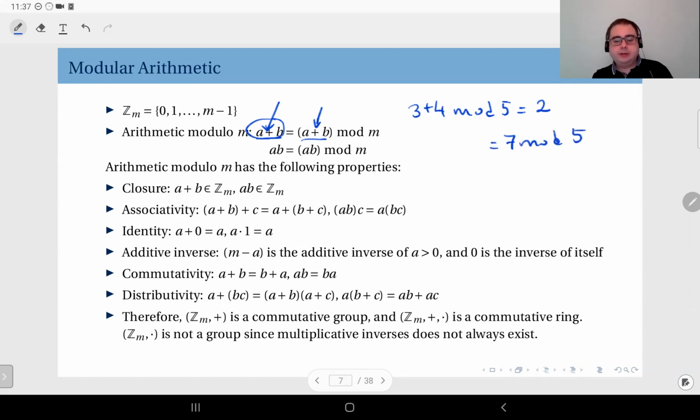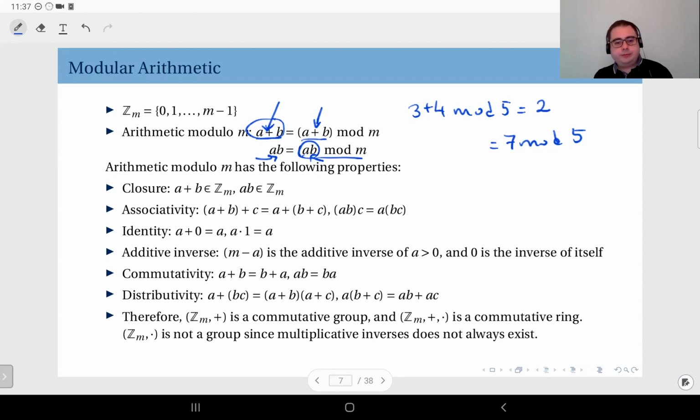Simple as that. Same goes with multiplication. Multiplication here is modular multiplication, but multiplication here is the ordinary multiplication we know. And in modular arithmetic, multiplication corresponds to a times b modulo m. Simple as that.